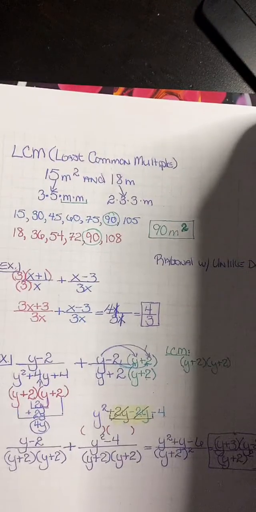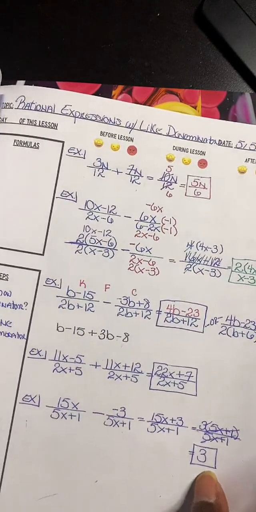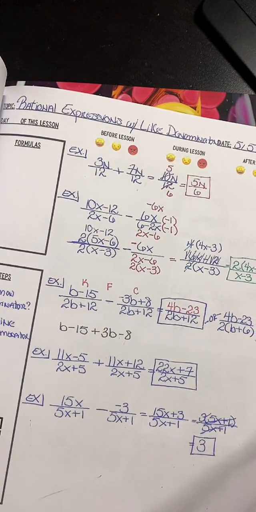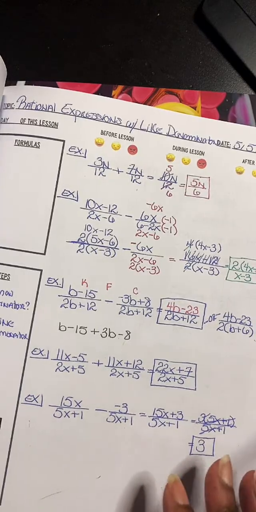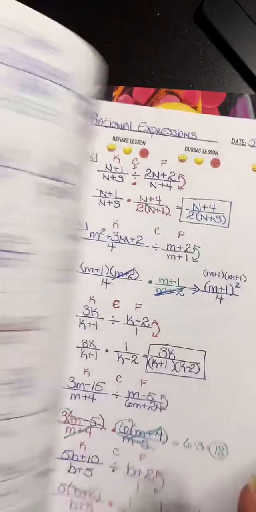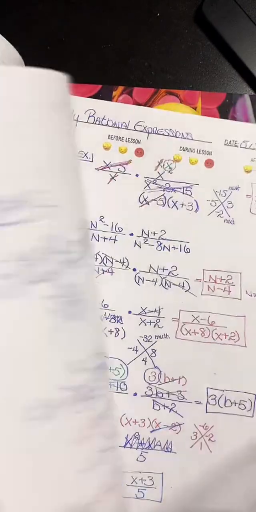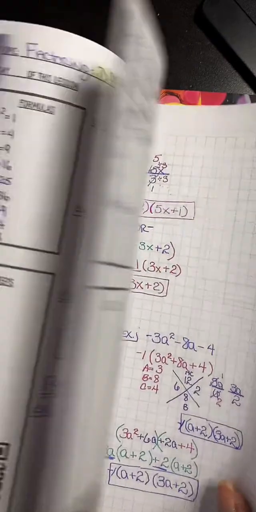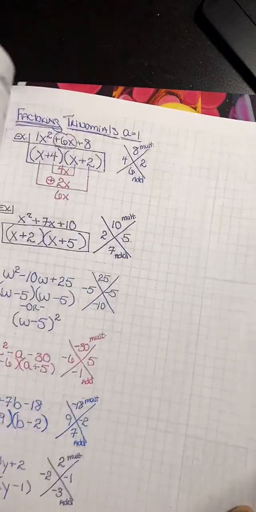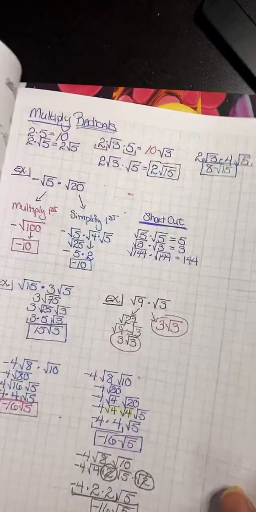Talked a little bit about the LCM, the difference between the LCM and the GCF. That was huge. That was actually in the last book. And I know it's in here somewhere. As soon as I put it down, that's when all of a sudden it's just going to pop up.